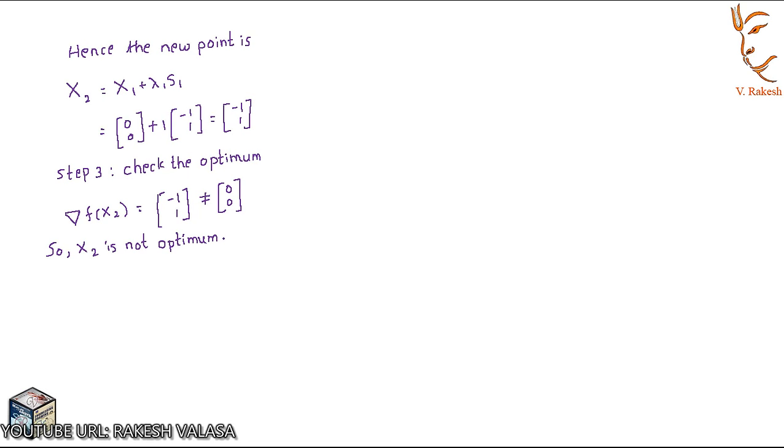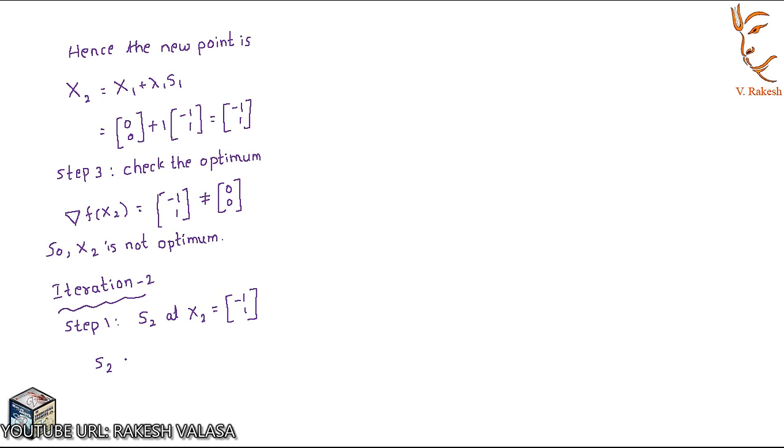So move to the next iteration, iteration number 2. Here also step 1: calculate the search direction, that is S2 at x2. We know the x2, that is minus 1 plus 1.